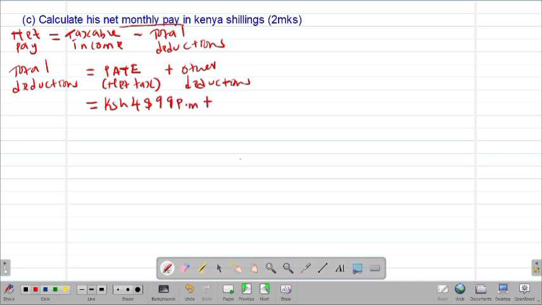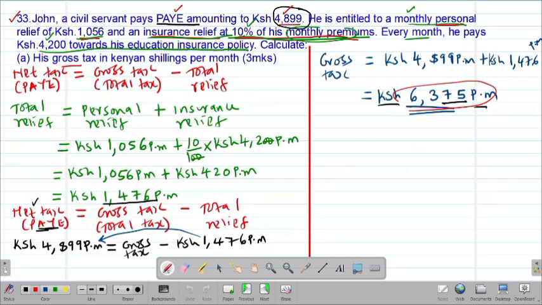Then we are going to add any other deduction. So remember that from the question we are told that civil servant's pay was this. He's entitled to a monthly personal relief of 1056 and an insurance relief of 10% of his monthly premium. Every month he pays 4,200 towards his education insurance policy.